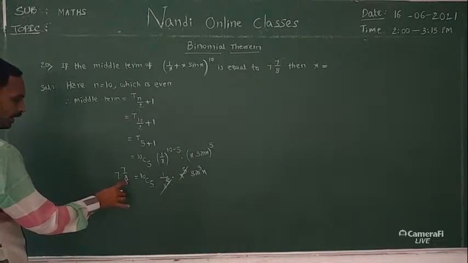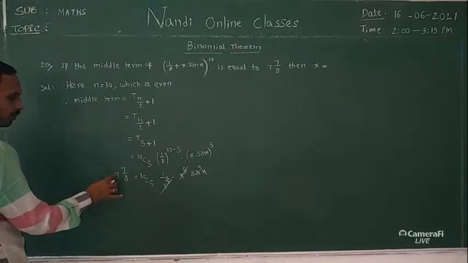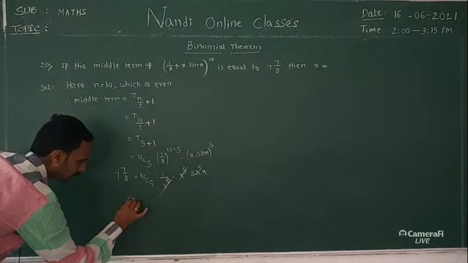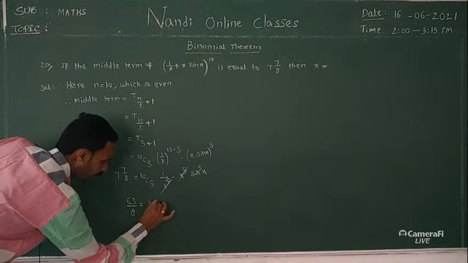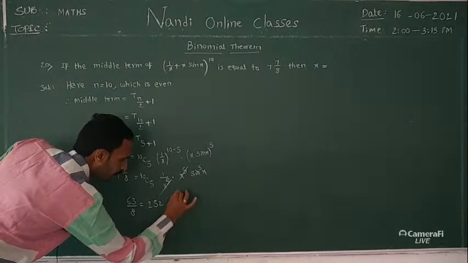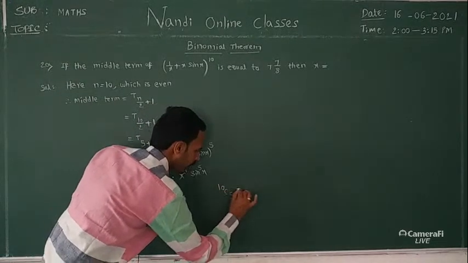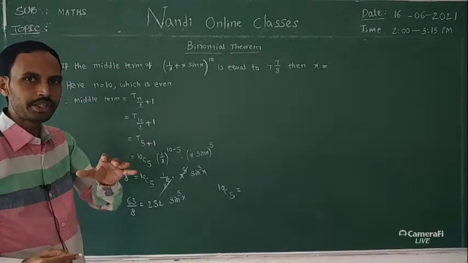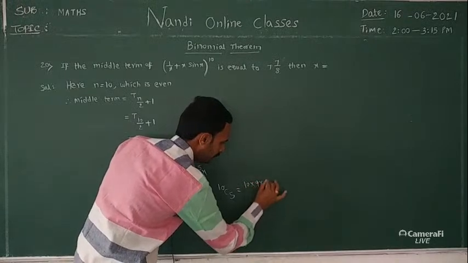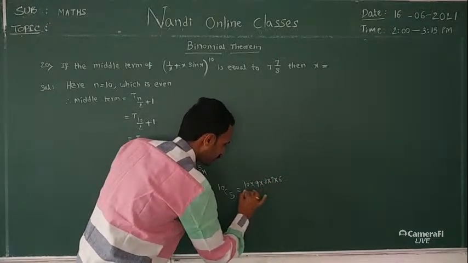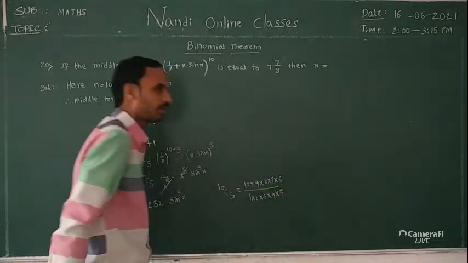Simplify. 8 7s are 56, 56 plus 7 is 63, so 63/8 is equal to 10C5, value is 252, into sin^5 x. See, 10C5 is equal to, how to find it, 5 terms by 5 terms: 10 into 9 into 8 into 7 into 6 by 1 into 2 into 3 into 4 into 5. 5 terms by 5 terms.